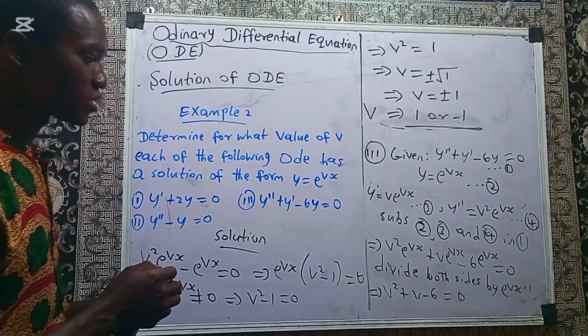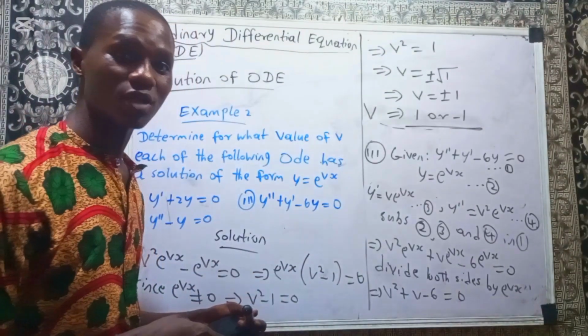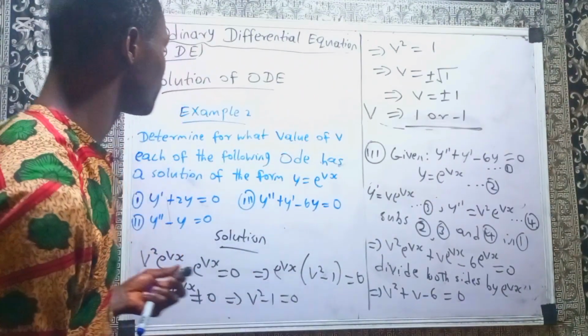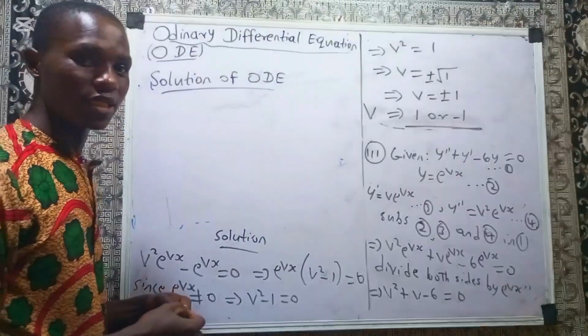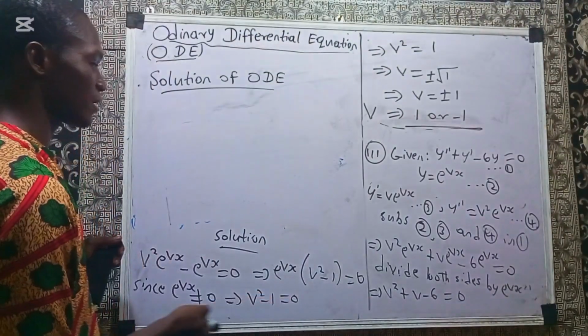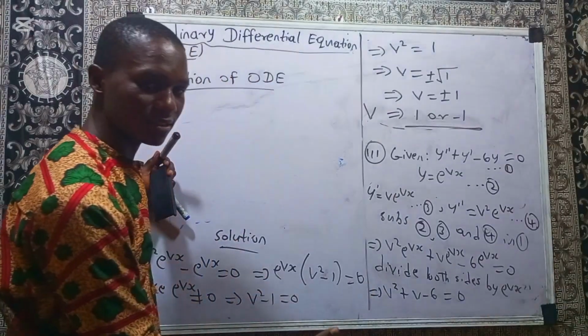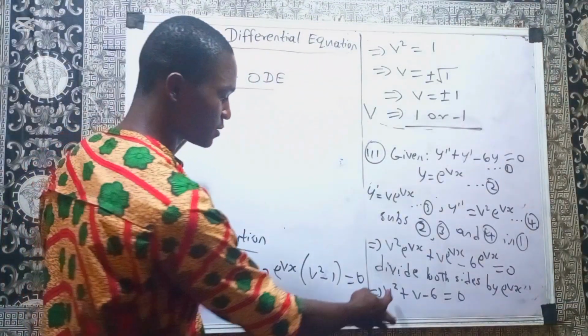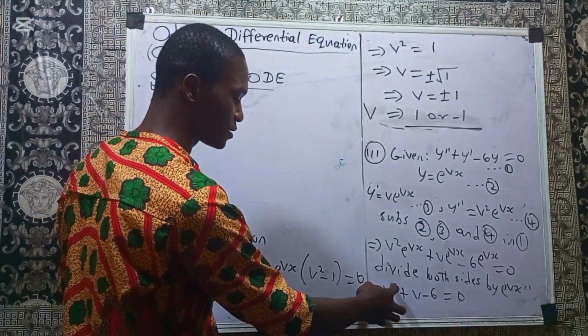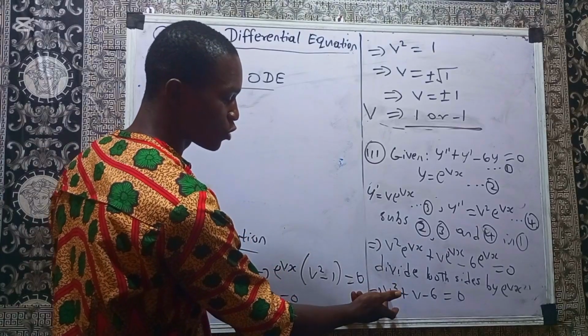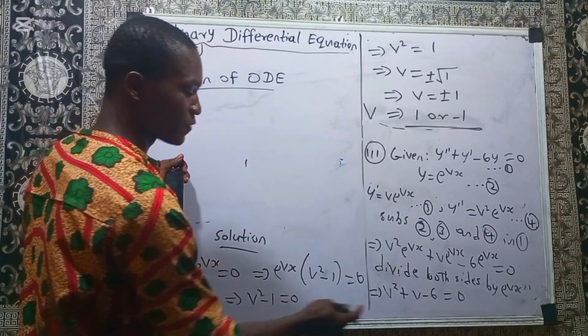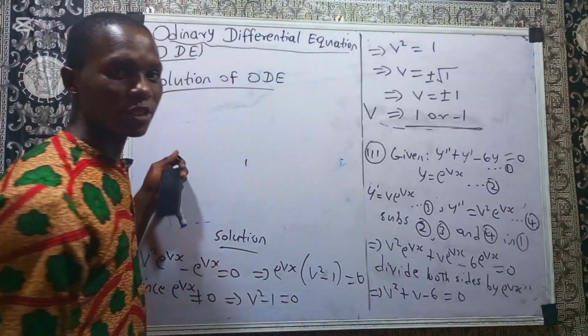What we got now is a quadratic equation. Let's see if we can factorize the quadratic equation. We consider the term with the highest index, v squared. The coefficient is 1.